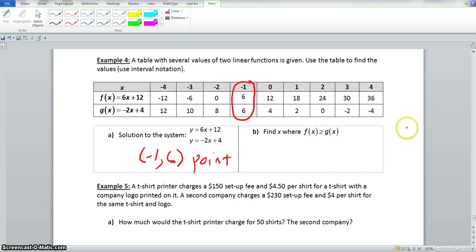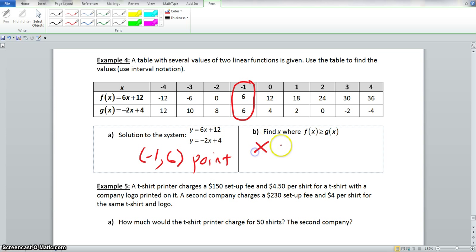It says find x where f of x is greater than or equal to g of x. Now if you notice here, for f of x, if we look at our y values, starting after -1, when your x is increasing, all of your f of x values are greater than your g of x values. So we want to go where it's equal to or greater than g of x.